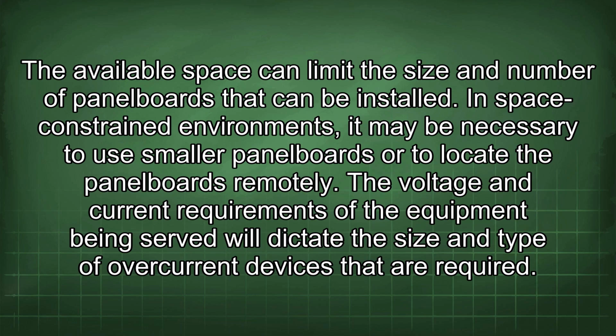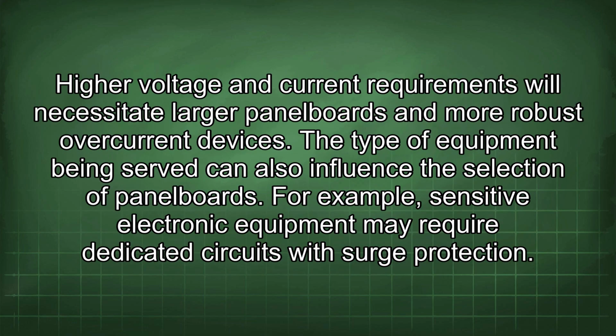In space-constrained environments, it may be necessary to use smaller panel boards or to locate the panel boards remotely. The voltage and current requirements of the equipment being served will dictate the size and type of overcurrent devices that are required. Higher voltage and current requirements will necessitate larger panel boards and more robust overcurrent devices.